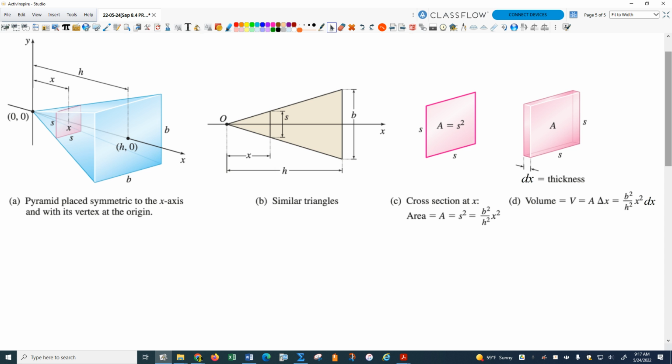We just end up with this. B and H are constant, so those can go out front. And our limits of integration would be from what to what? 0 to h, yep.